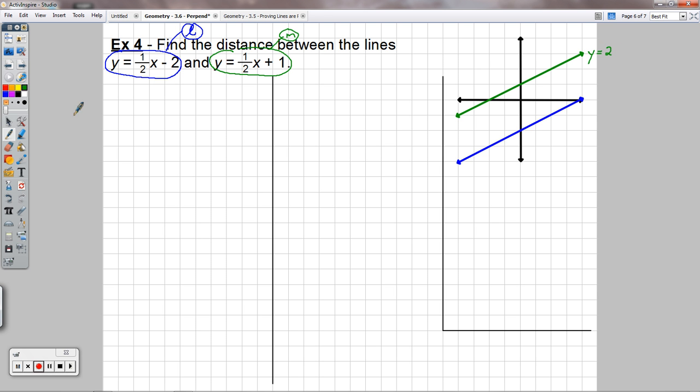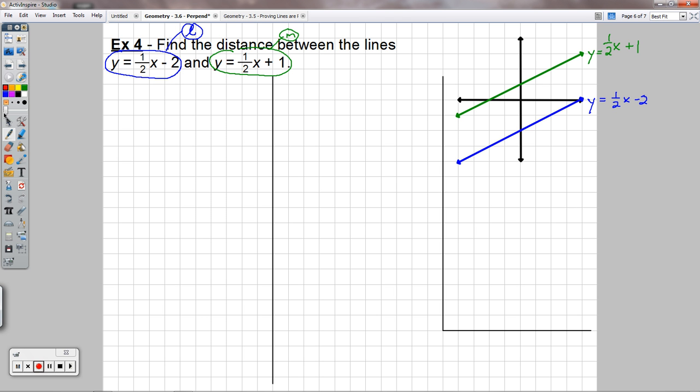This is y equals 1/2 x plus 1, and this one is y equals 1/2 x minus 2. So the perpendicular line to that, we're trying to find the length of the perpendicular segment connecting those two parallel lines. They're parallel because we have the same slope here.